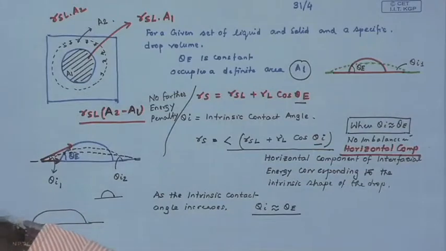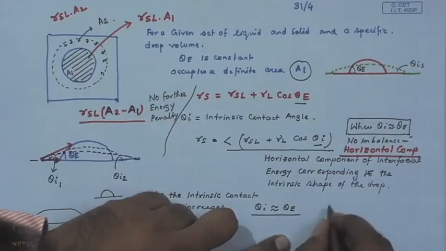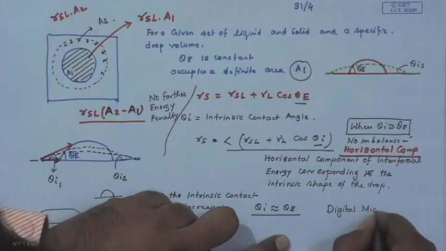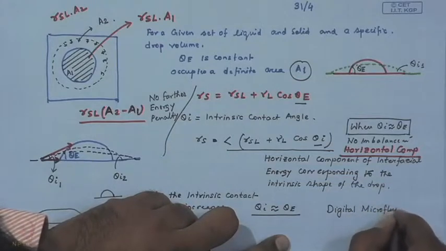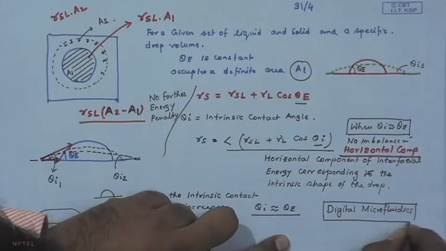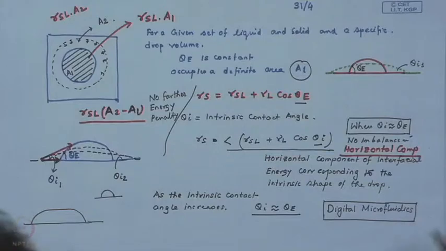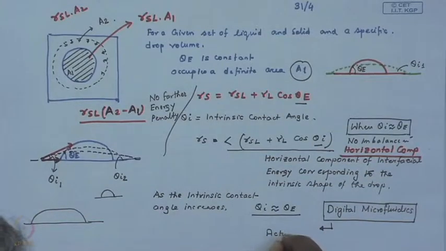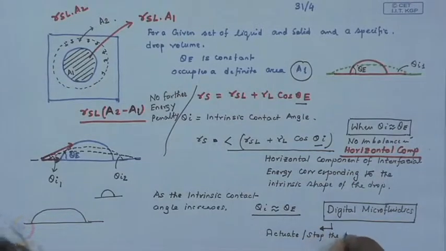So, this is also an interesting class of flow problem, and there is a whole branch of microfluidics which goes by the name digital microfluidics, which essentially talks about the flow of a droplet, and there are additional handling tools to trigger, actuate, or stop the flow of a drop.